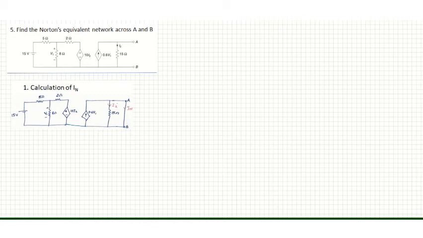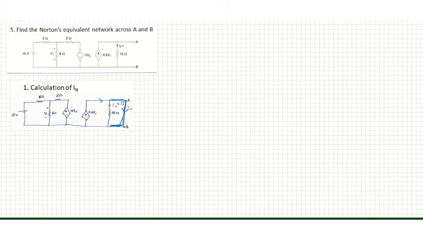So the current through this 15 ohm resistor will be 0, because the entire current will flow only through the short circuit path. In the question, that current is I2. So we can say I2 is equal to 0.